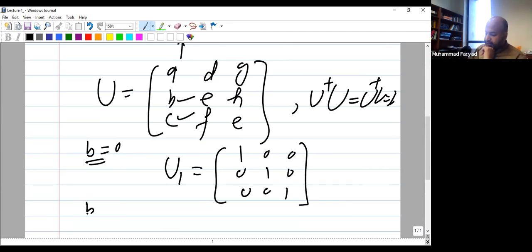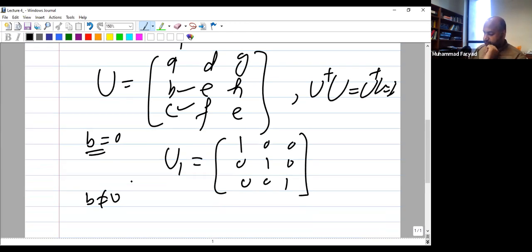But if B is not 0, then we can come up with a unitary matrix U1 like this, that if I have an entry here, which is B, and an entry here, which is minus A, and 0 here, then when this middle row multiplies with the first column, we'll get a 0 at this position, because B into A is BA, and then minus A into B is minus BA. And then when we add them, we'll get a 0.